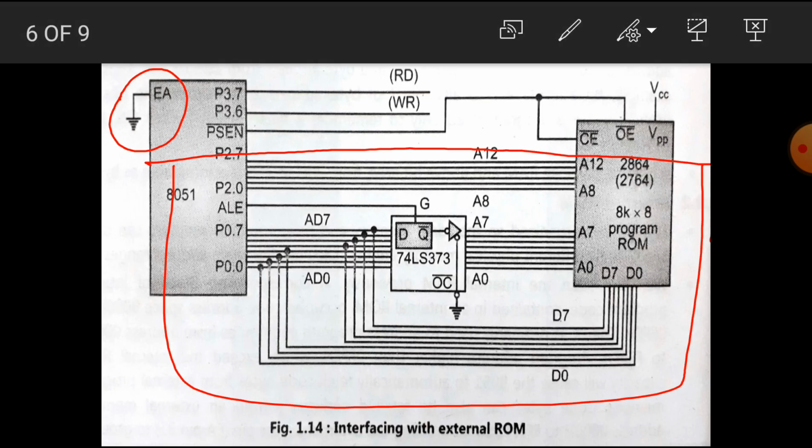Which are they? The 3 pins are RD, write, and PSEN. In the case of program ROM, the PSEN pin must be connected to the output enable pin and chip enable pin, while these 2 pins are left unconnected.